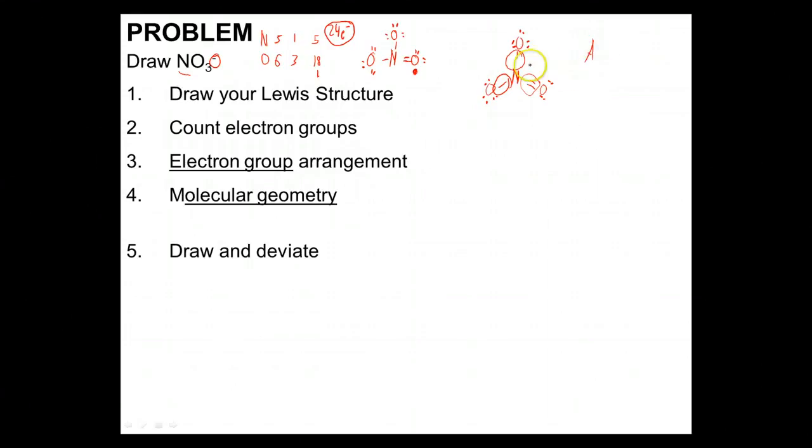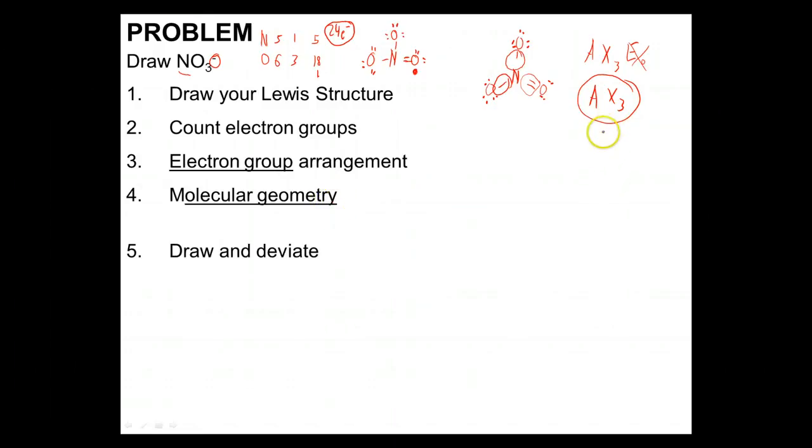I have A, and my X, 1, 2, 3, AX3. I have no free electron pairs, and for simplicity, we just omit the E0. We don't need to communicate that there are no free electron pairs. We just write AX3 as the actual geometry. That's going to be our electron group geometry and our molecular geometry.